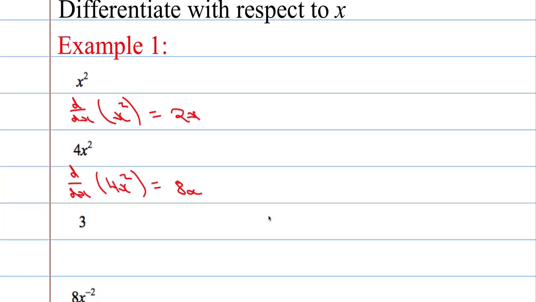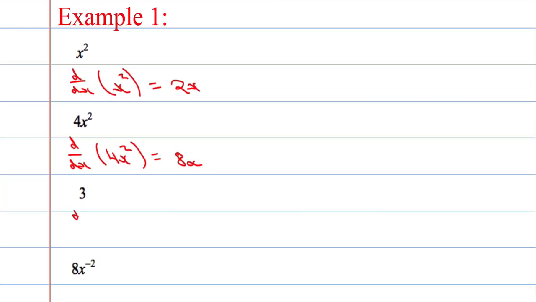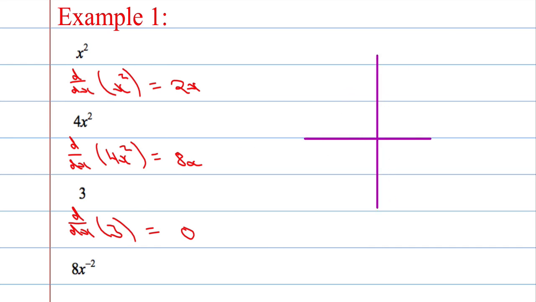The next one here. The derivative of 3 with respect to x, d by dx of a constant 3, a little bit of thought, must be equal to 0. The derivative of a constant is always 0, because if you imagine a graph, and suppose we had the value 3, let's put y equals 3 in. So say this is 3, and we have a straight line coming through here.